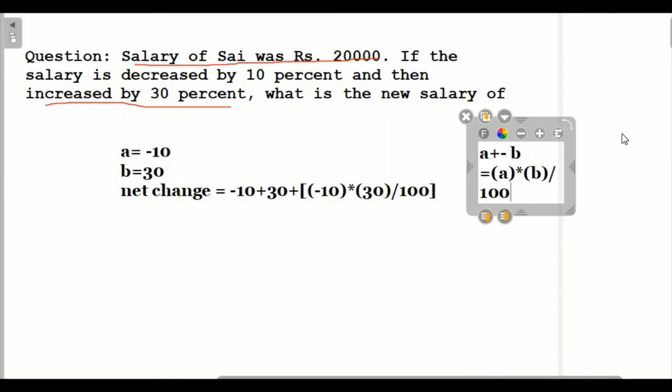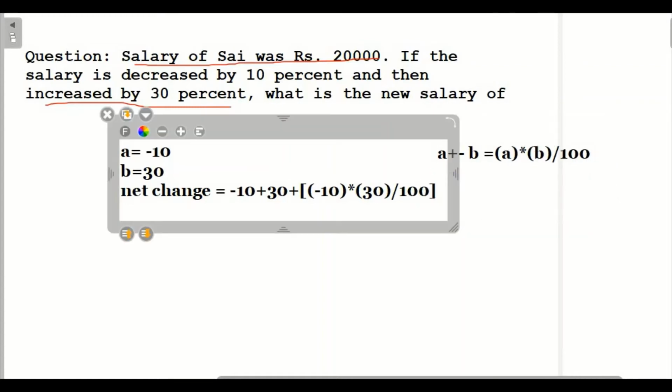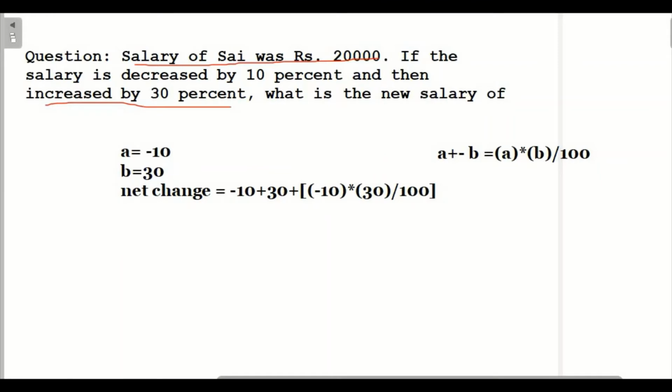This is a formula to calculate the increase and decrease in the percentage. Here the percentage is reduced by 10, minus 10, and here he has increased by 30%. So we are going to calculate the net change.